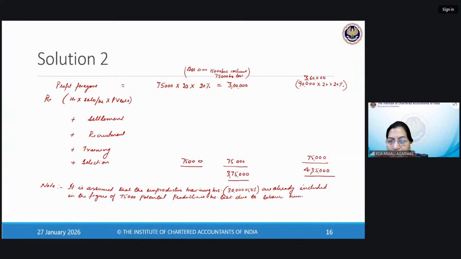But if you want to include, write here labor turnover only. And if you want to exclude, you will say they are not included because 75,000 hours are lost due to delay in filling vacancies due to labor turnover and another 15,000 in unproductive training hours. Okay.